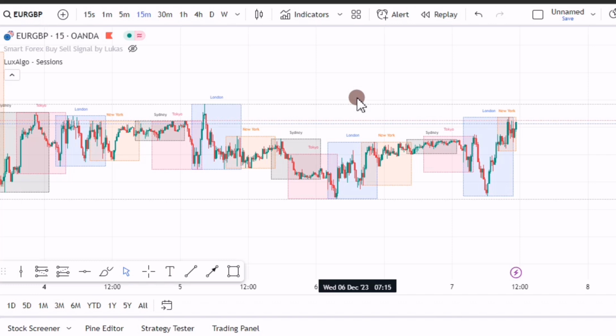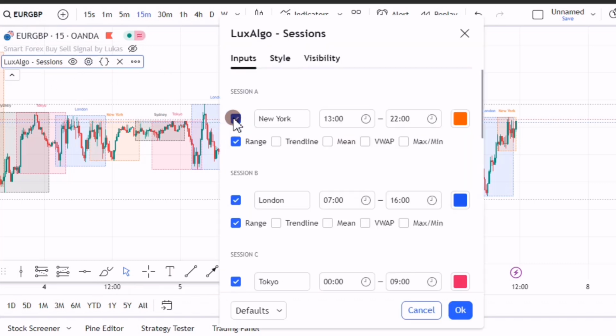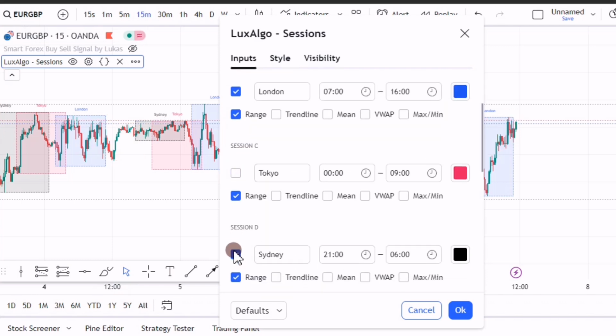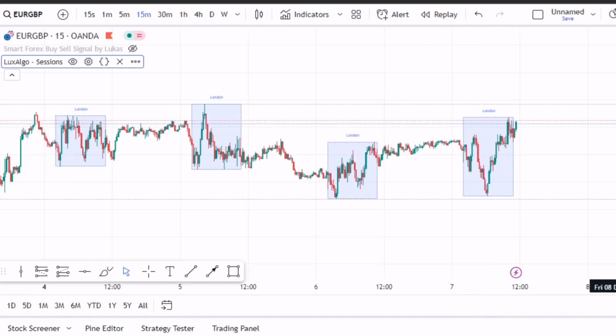Okay, for example, this is EuroGBP. For EuroGBP, I know that it will only move during the London session. So let me just remove the other sessions on the settings and then press OK.